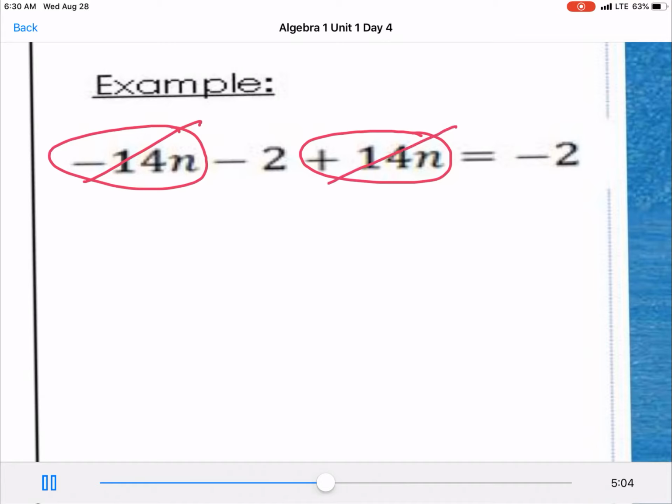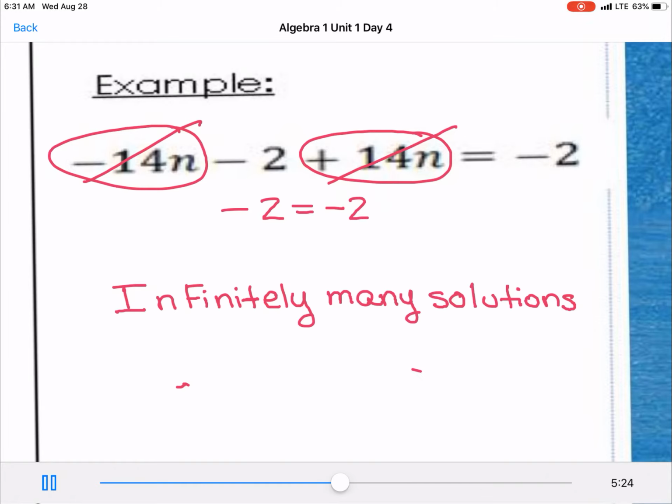So we just have that negative 2 is equal to negative 2. And of course, that is true because negative 2 is equal to negative 2. So every time you get an answer like this, where two numbers are equal to each other, we have infinitely many solutions. So this equation has infinitely many solutions because the answer is true.